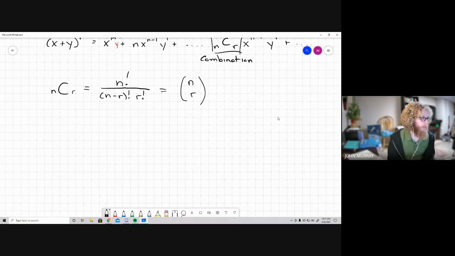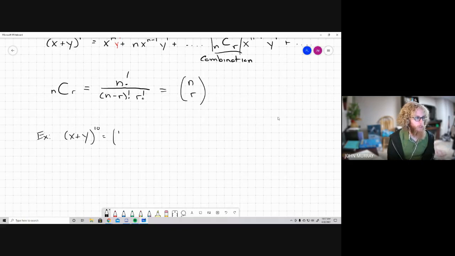Let's say I wanted to do (x plus y) to the 10th. Each one of these, my n is always going to be the same, and the r tells me what term I'm on.